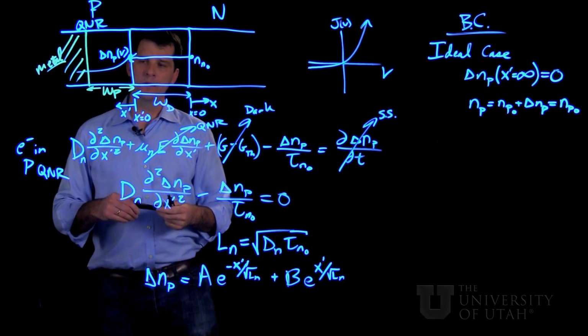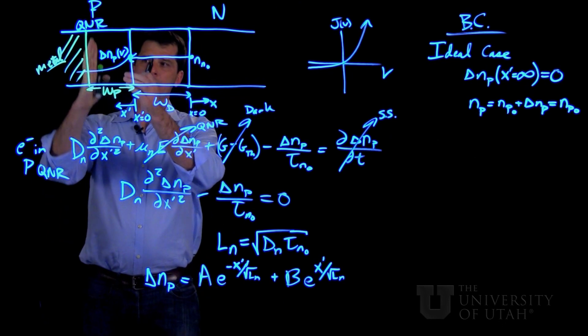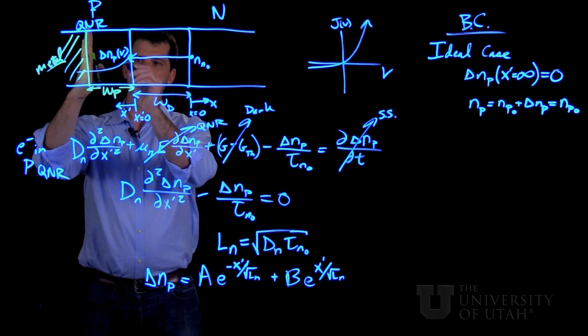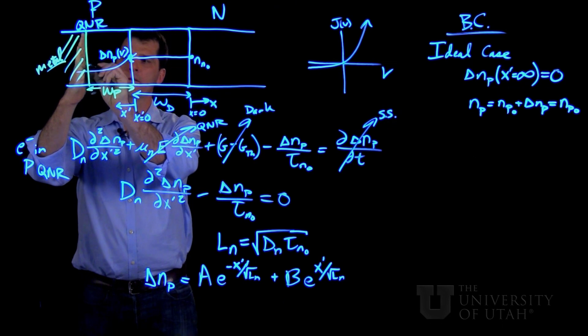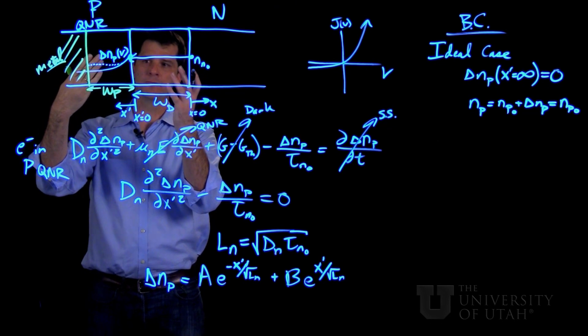Well, it turns out that if you think about a perfect interface, you start injecting some minority carriers here, and they'll tend to pile up. And what would happen is you would get some steady state concentration.